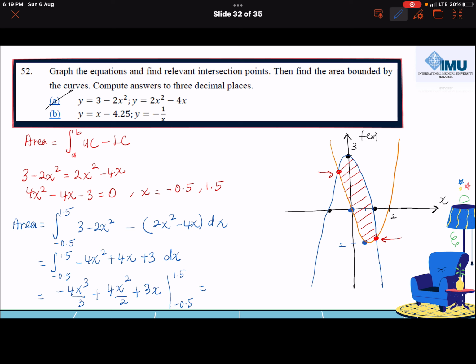At the end of the day, you will get the solution as 16 over 3, or you can say 5.333 units. Since they ask you to compute the answer to 3 decimal places, make sure your final answer is in 3 decimal places. Now try to do B by yourself. Start to sketch and see the area bounded by these two straight lines. That's all.